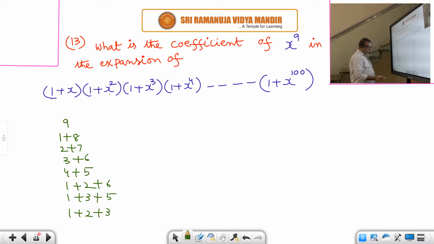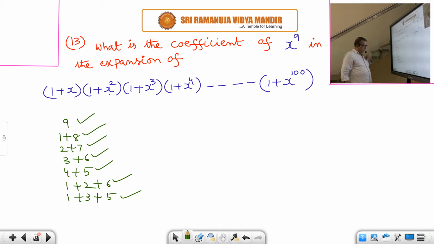Can you write it? Already 6, so another 3. Repetition is not allowed, so four numbers is not possible. For three numbers, is any other possibility there? 1 plus 4 is also not possible. How many are there now? 1, 2, 3, 4, 5, 6, 7. Any other?